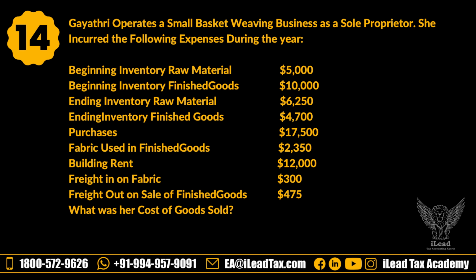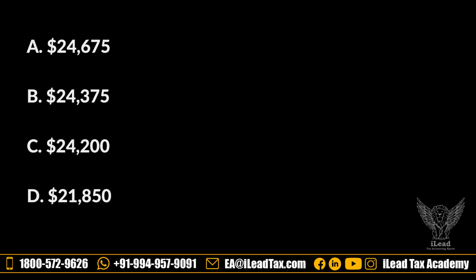Fabric used in finished goods is not related to inventory, and building rent is also not related to inventory. Freight in on fabric needs to be added. So 5,000 plus 17,500 plus 300 minus 6,250, which is ending inventory. So the total comes to 24,200. Let's go to the next question.